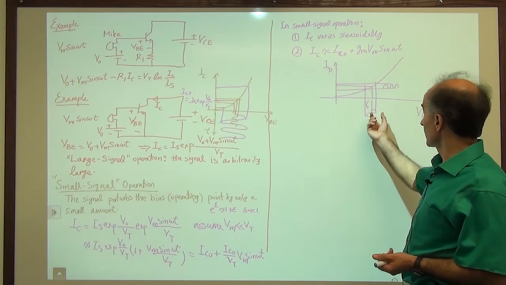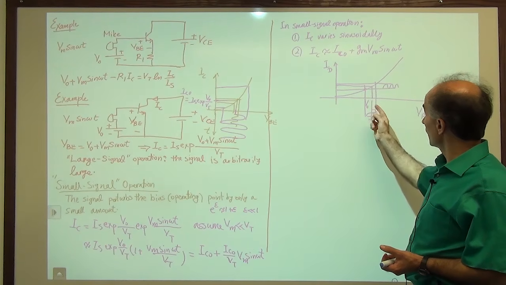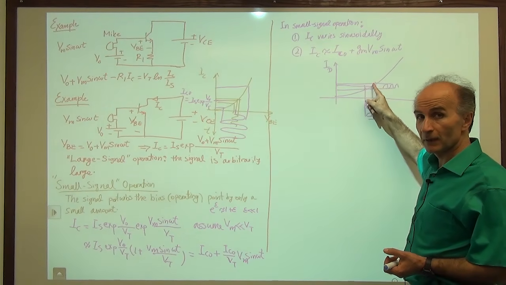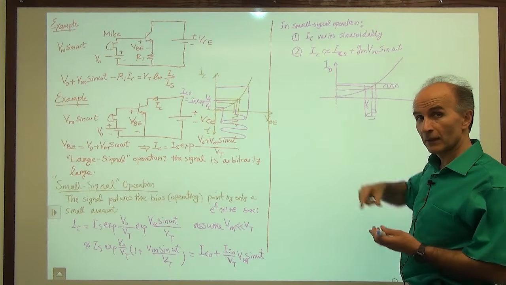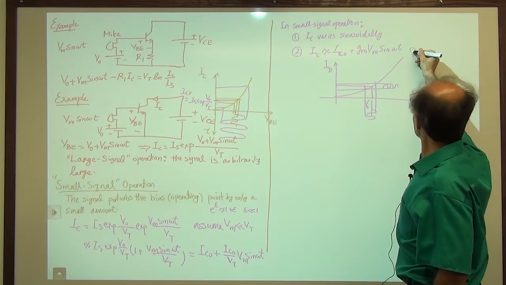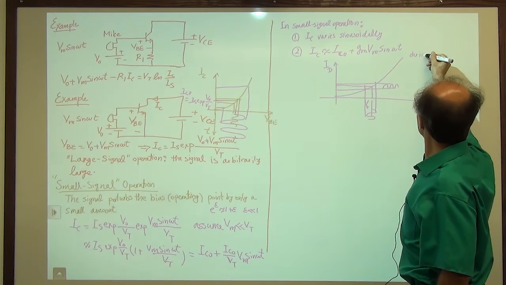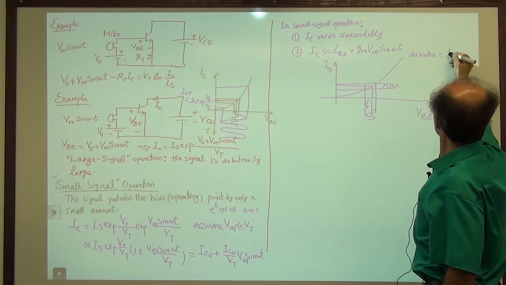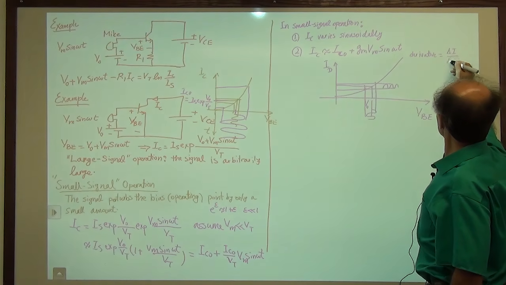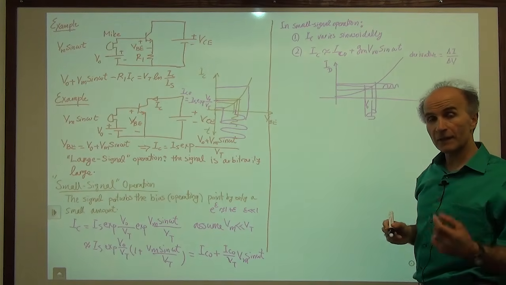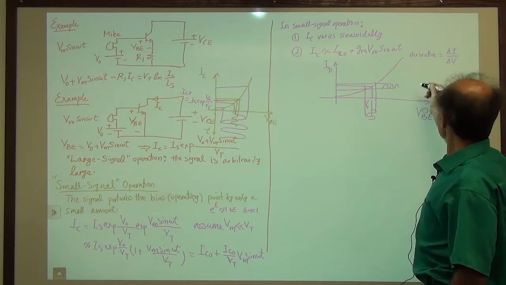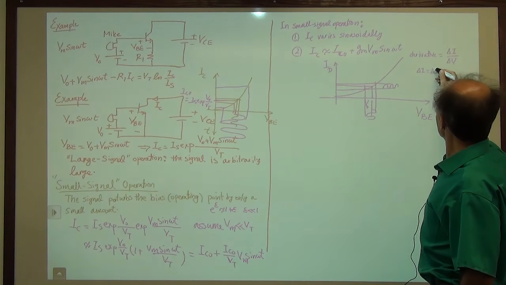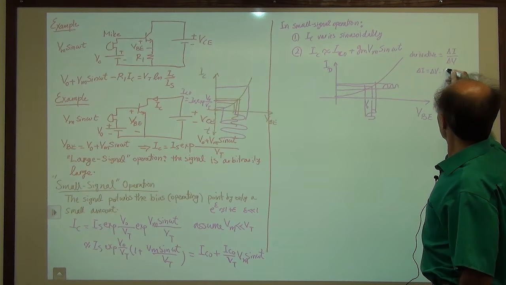Well, if this is very small, we know that delta V times the derivative gives us delta I, because the derivative is equal to delta I over delta V when both delta I and delta V are very small. So I can say that delta I is equal to delta V times the derivative, which we call Gm.